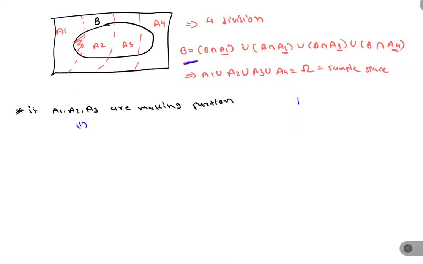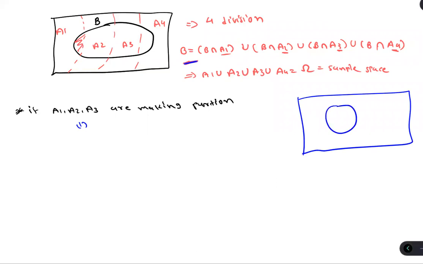Let me tell you the first thing. Let's say this is our sample space and we have event B. Now we have a partition like this. I think you are understanding. This is one, this is two, this is three, this is four, and this is five.